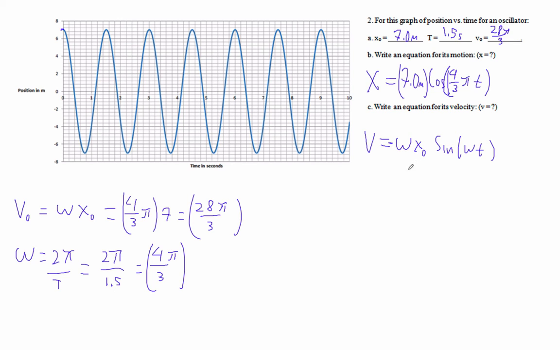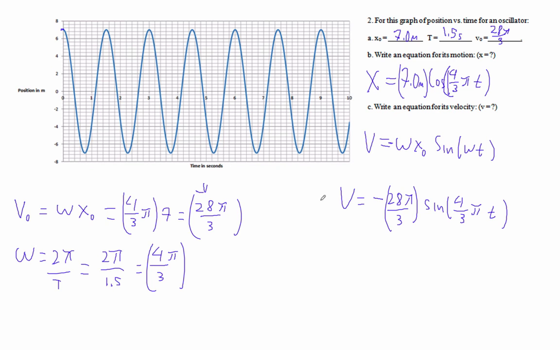We figured out that omega x naught is this, right? So I'm going to go V is the opposite of 28 pi over 3 sine, and then omega t is 4/3 pi t. That sounds good. I think that's right.